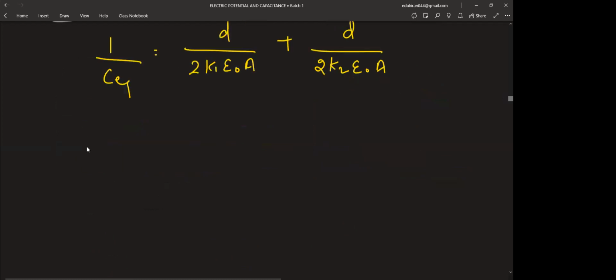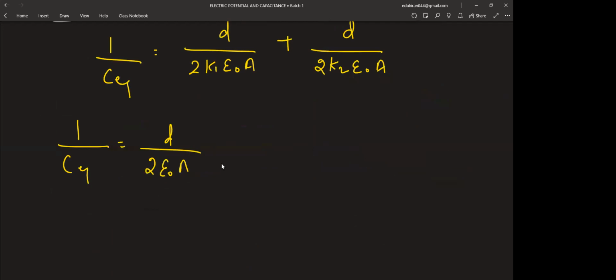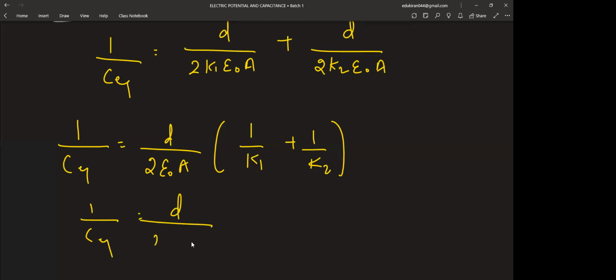One thing let us do class, C equivalent. Let us take D by 2 epsilon naught A common. So we are left with 1 by K1 plus 1 by K2. So on solving this, we'll have D by 2 epsilon naught A, this becomes K2 plus K1 divided by K1 K2.